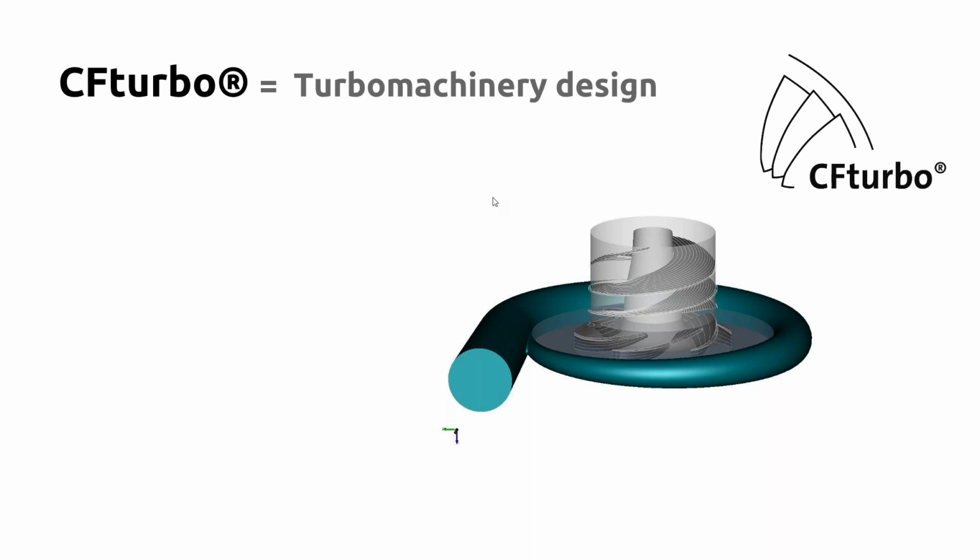Okay. First, I want to very quickly introduce our company. CFturbo is based in Dresden and in Munich in Germany, and from the beginning of this year we also have an office in the United States.